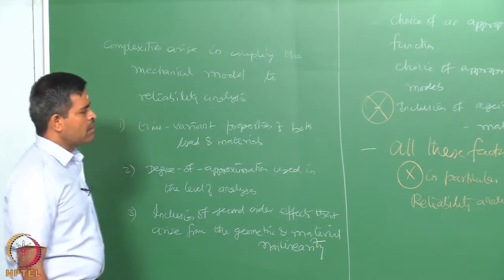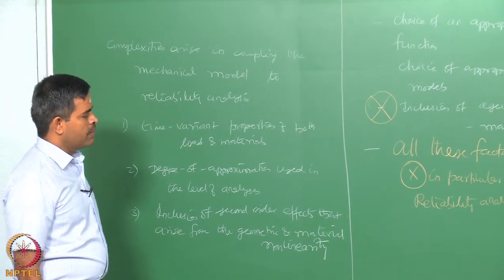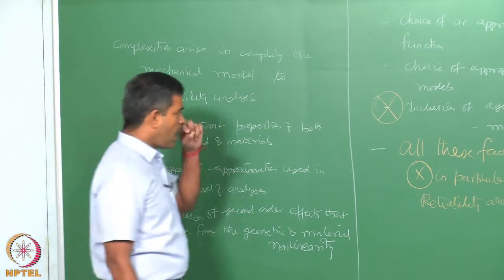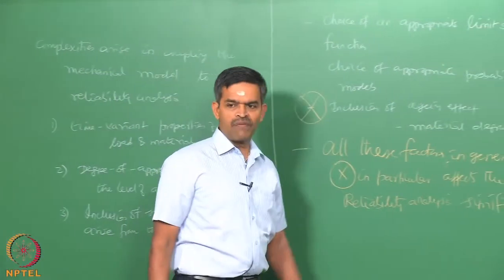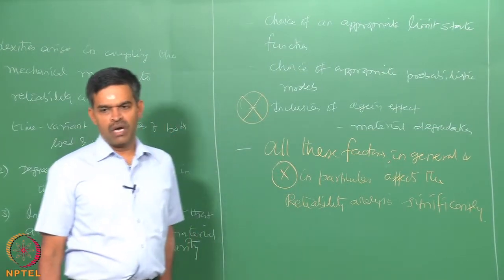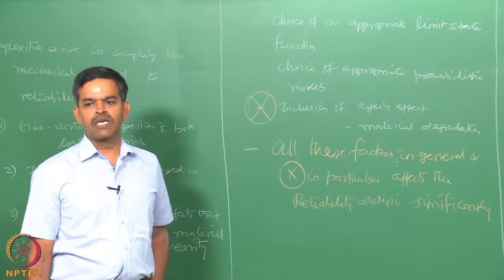Now, the issues here are, can we actually have a system or an example by which we can clearly show how at least one of these factors can be affected very seriously, which will become a very important input as a random variable in the reliability analysis.